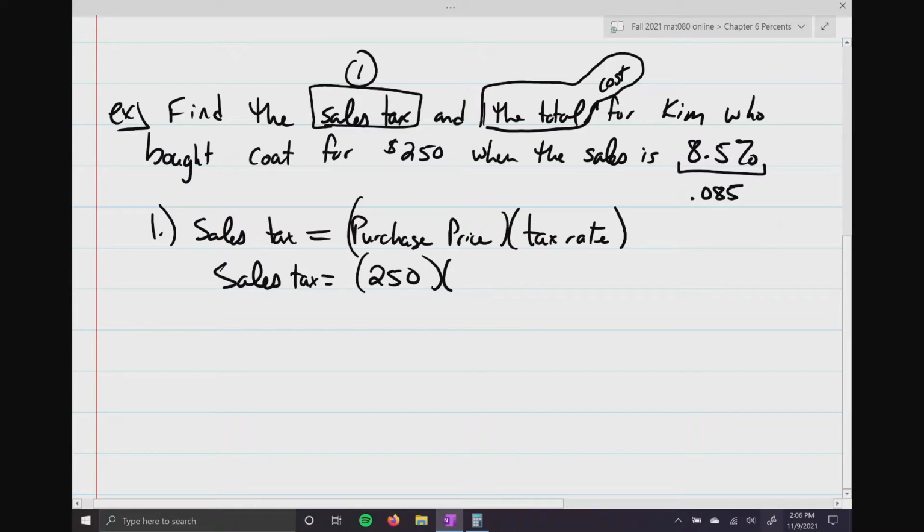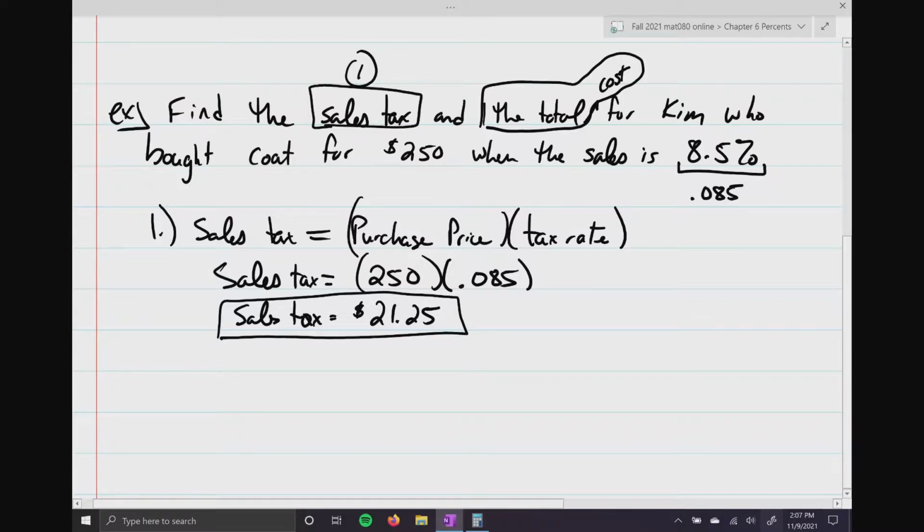You move the decimal point 2 places to the left. So our sales tax is going to be $250 times 0.085, which equals $21.25. So that's how much tax is on this jacket. So part 1 is done. We found our sales tax.